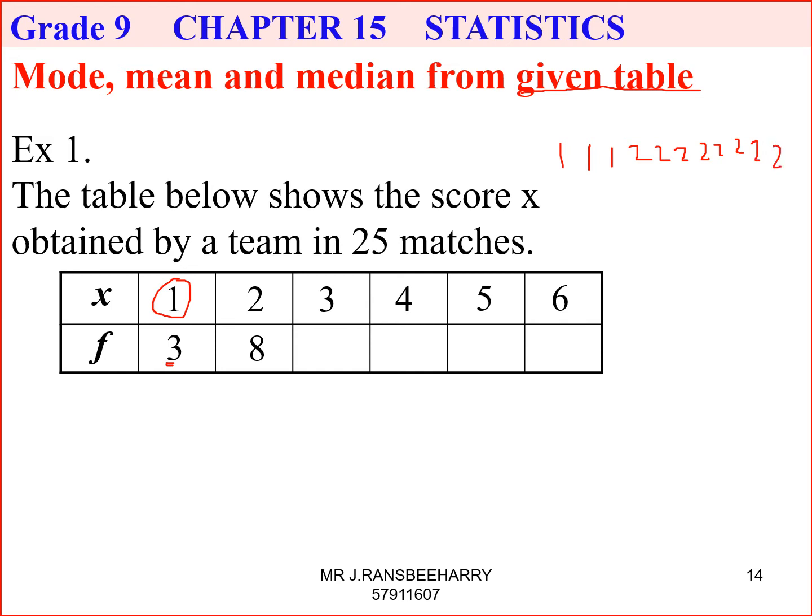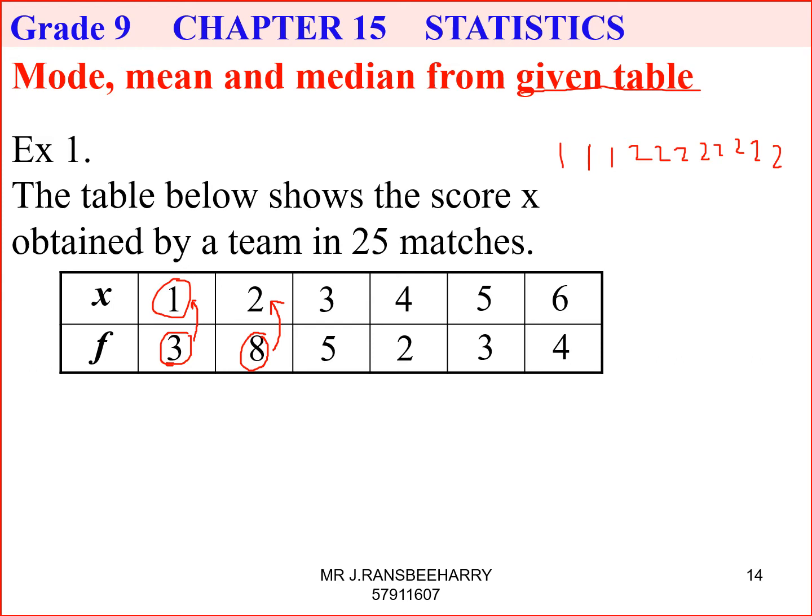In 8 matches, it obtained a score of 2 marks. In 3 matches, the team scores only 1 mark, 1 point. So in 8 matches, the team scores 2 points each, and so on.